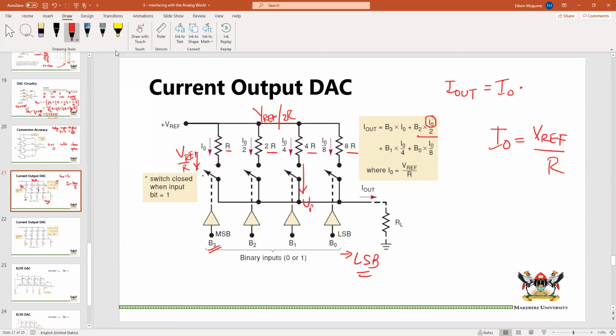Through here, it would be V ref over 4R. And through here, it would be V ref over 8R. So really what they've done is to factor the V ref over R out, and you stay with your fractions.